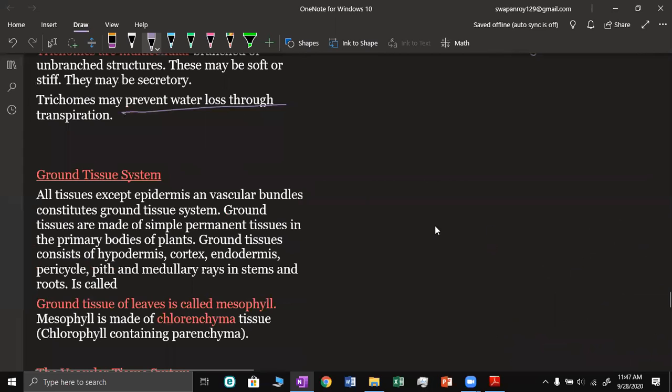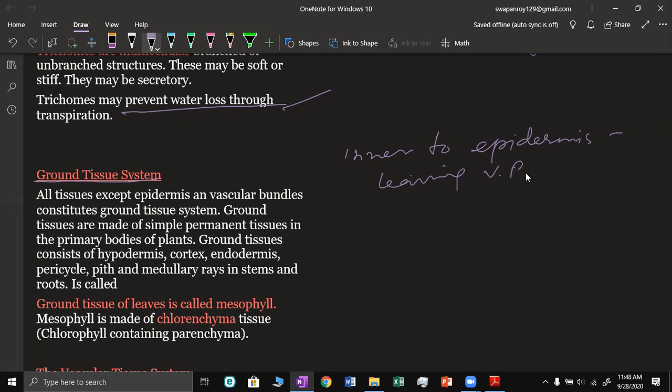After the epidermal tissue system, there is the ground tissue system. The ground tissue system is inner to the epidermis, leaving the vascular bundles; all of that is the ground tissue or fundamental tissue.